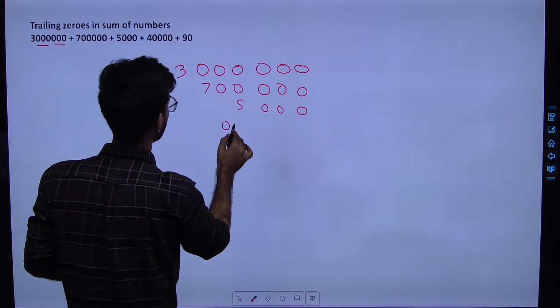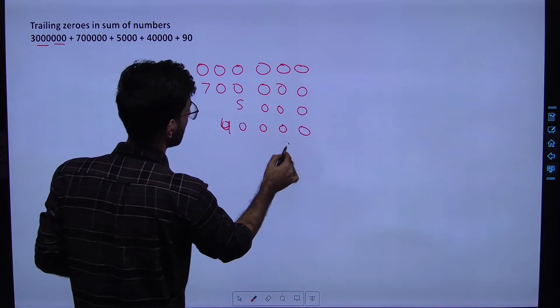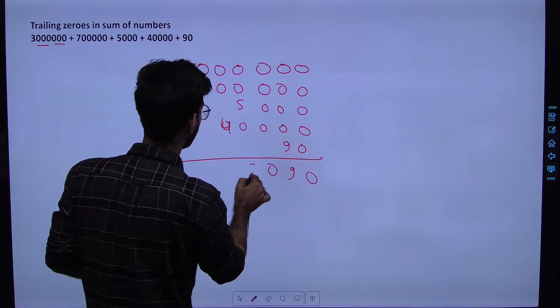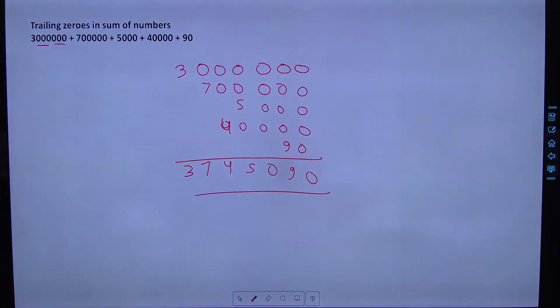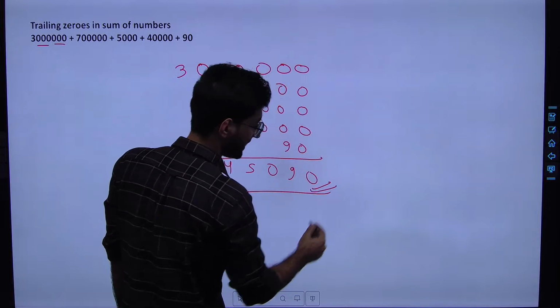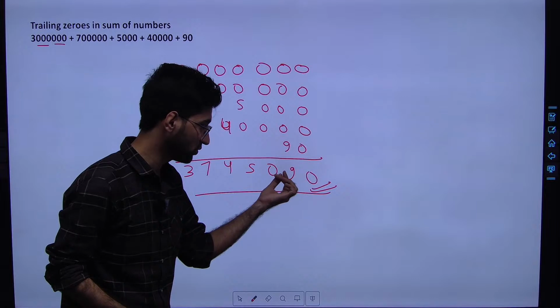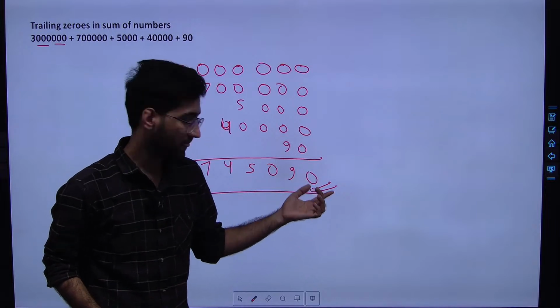So basically 4 zeros. 40,000. Then 90. If you add these numbers, 0, 5, 4. Now let us look. What is the number of trailing zeros? Only 1 zero is present at the end, right? After that 9 is there. So you can't count this 0. The number of trailing zeros will be equal to 1.